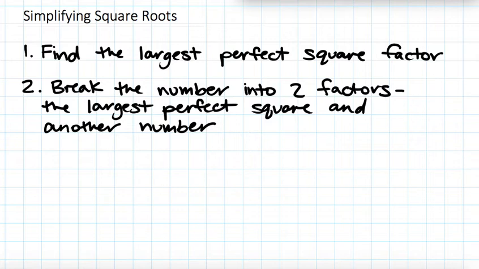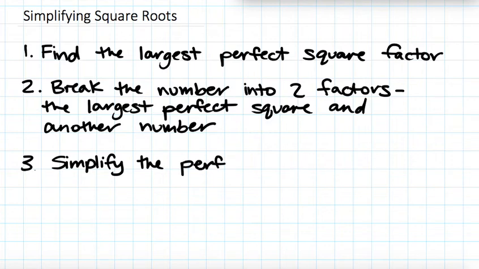And then step 3 is that you're going to simplify the perfect square factor. In other words, take the square root and get a whole number. You'll get a whole number since it is a perfect square, and leave the other factor under the square root.